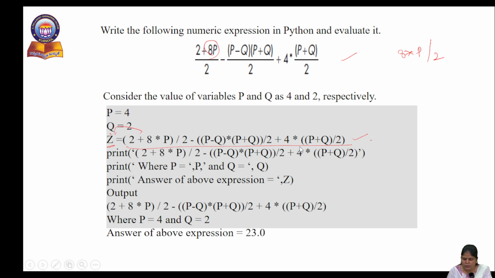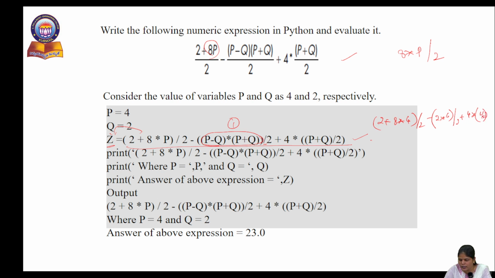Within this particular expression, the highest precedence is given first to the bracket, the inner bracket, so this will be evaluated first, and then it will be divided by 2. So 2 plus 8 into 4 by 2, minus of 8 minus 4 minus 2 is 2, into 2 plus 4 is 6, by 2, plus 4 into the p plus q value, which is 6, by 2. Right?